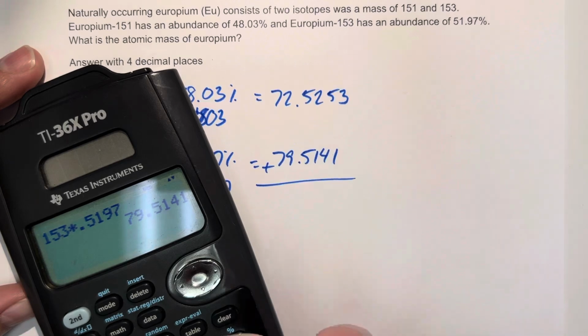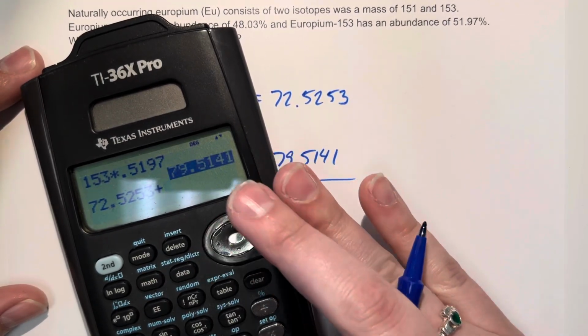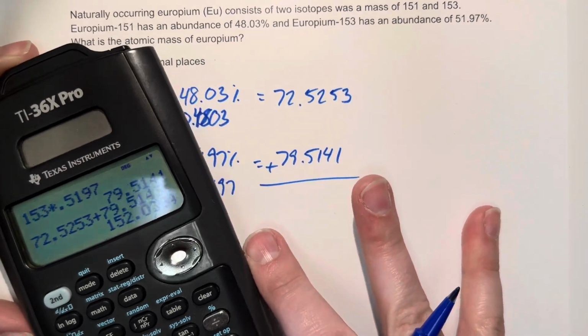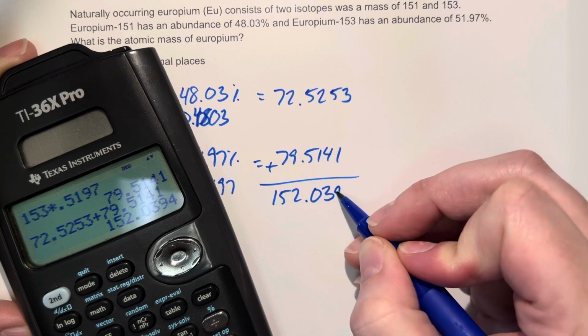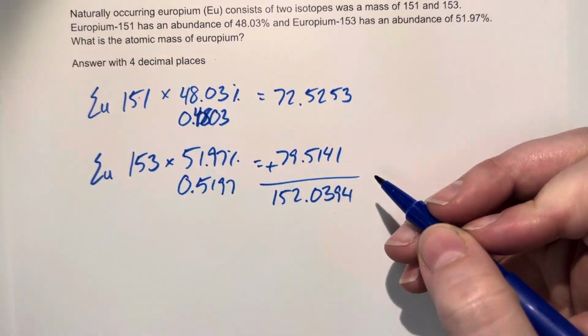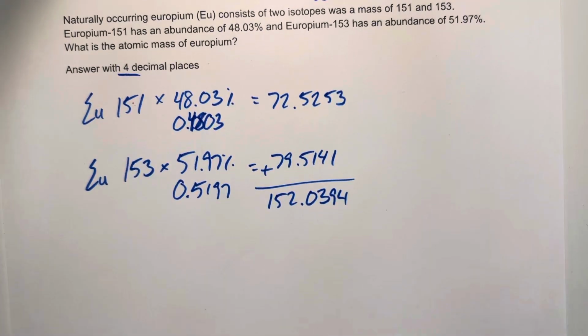I'll add those two numbers together, and that gives me 152.0394. I'm asked to answer with 4 decimal places, so I don't need to round.